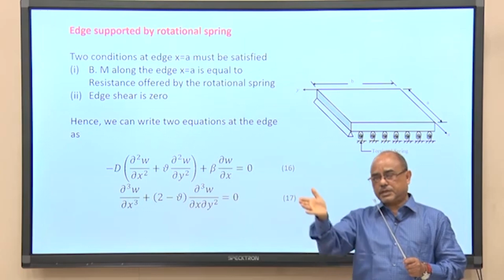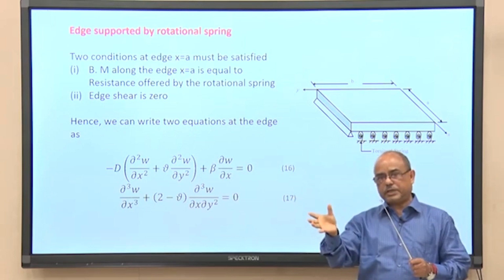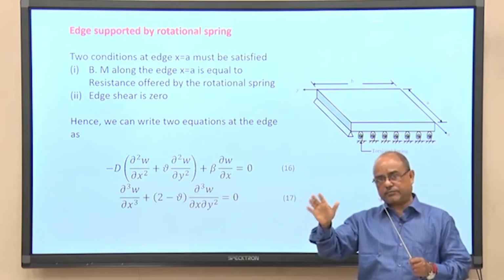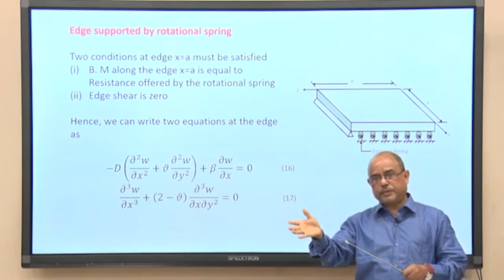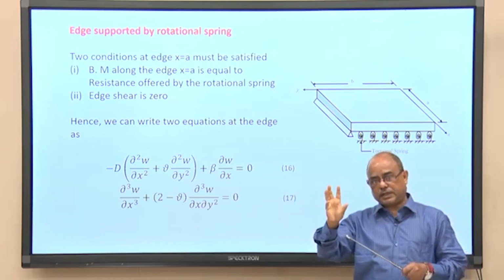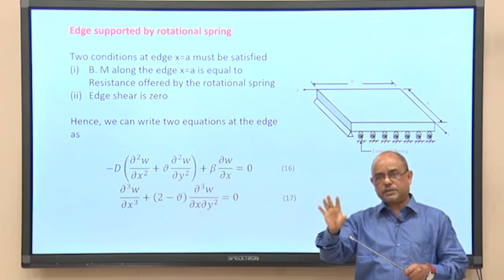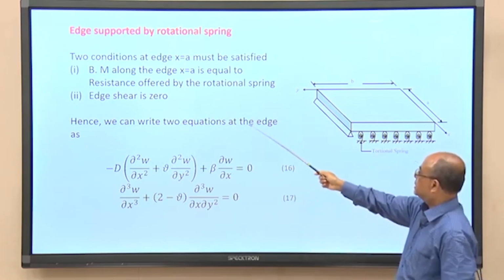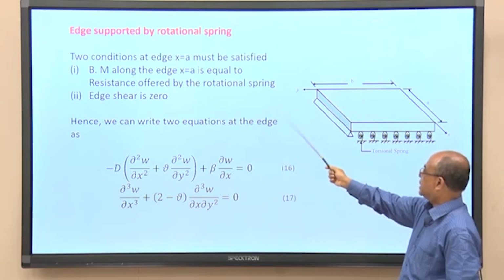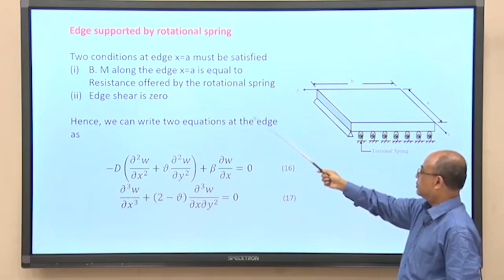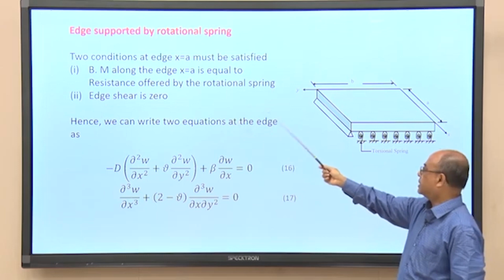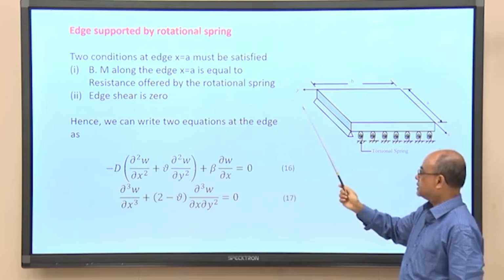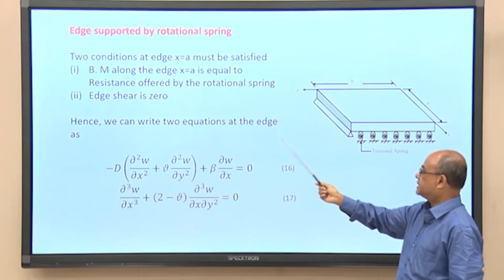That means the bending moment transferred from the plate along the edge should be balanced by the resisting moment offered by the rotational spring. So, the bending moment along the edge x equal to a is equal to the resisting torque offered by the rotational spring, and the second condition is S shear is 0.